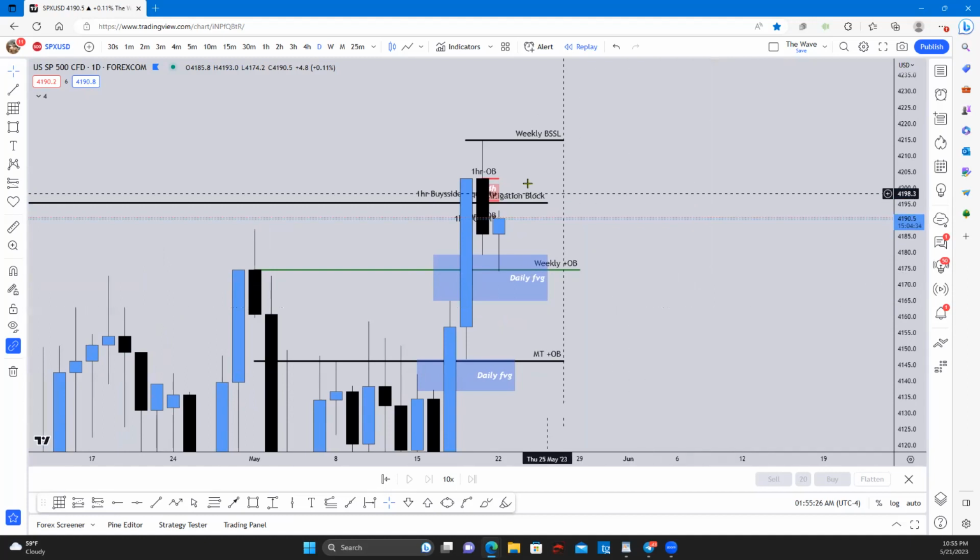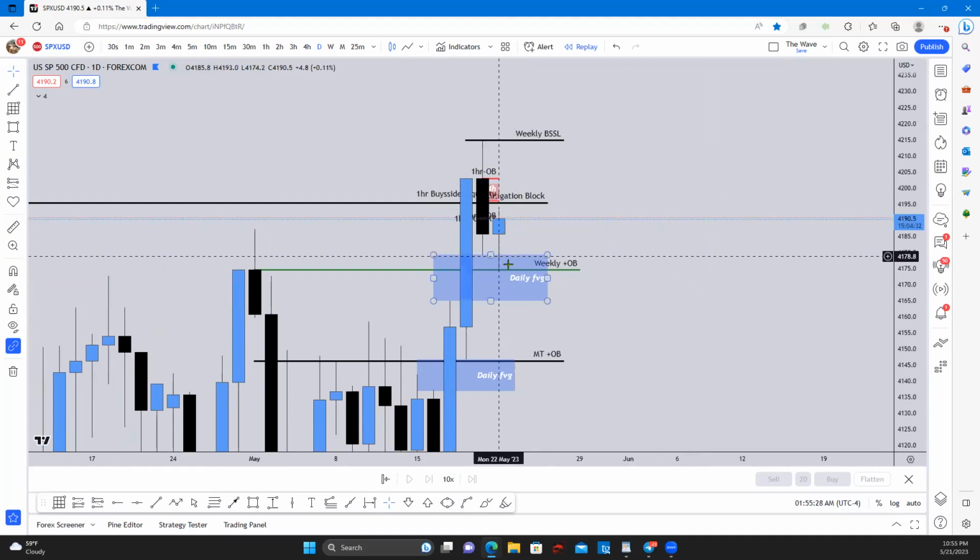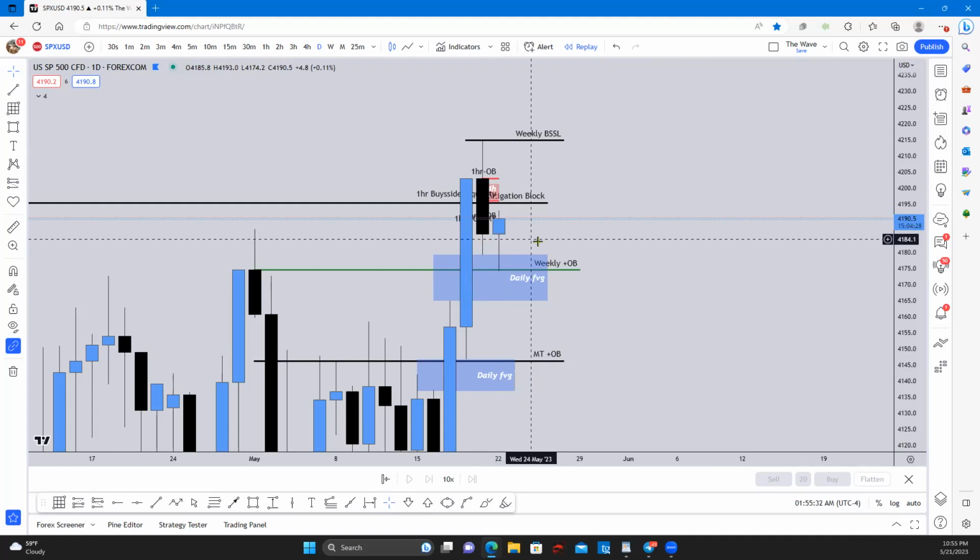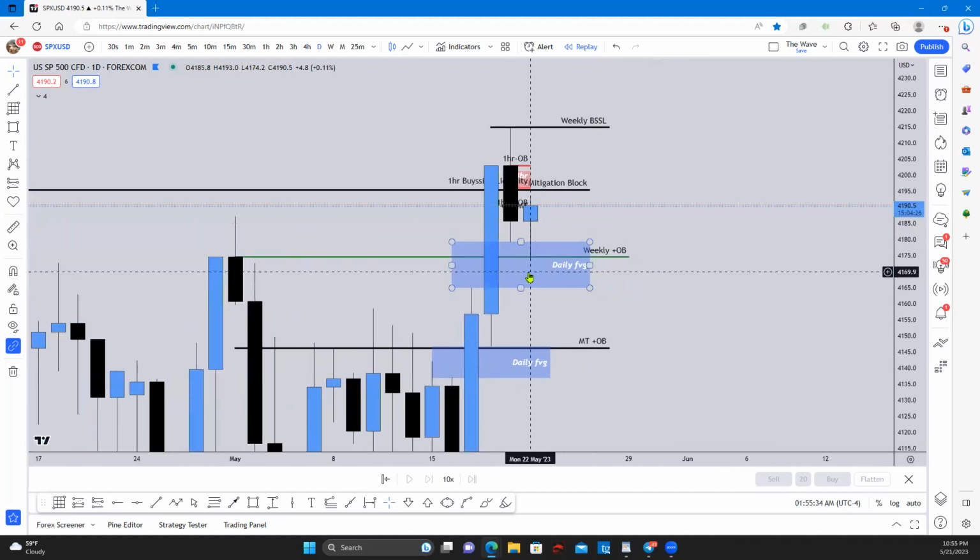As you can see here, the price comes back down, which it has since the opening Sunday evening. We've tapped into this daily fair value gap here, which is also the weekly bullish order block.